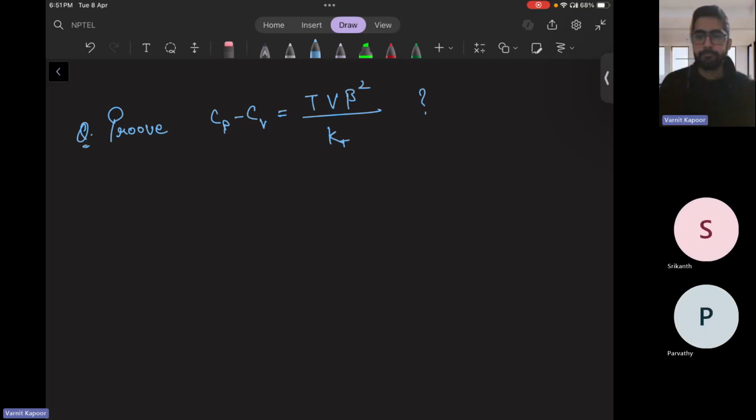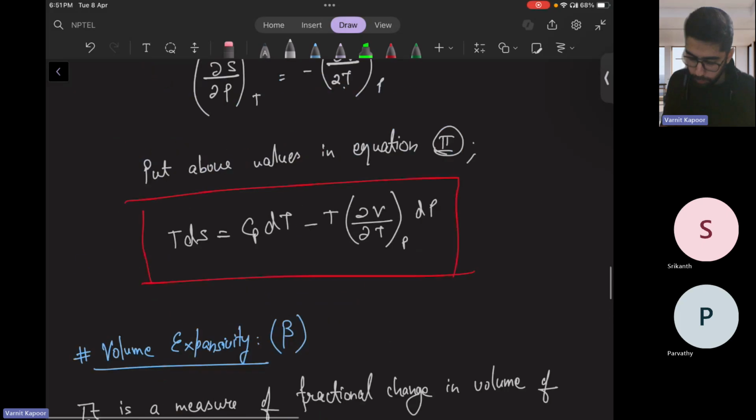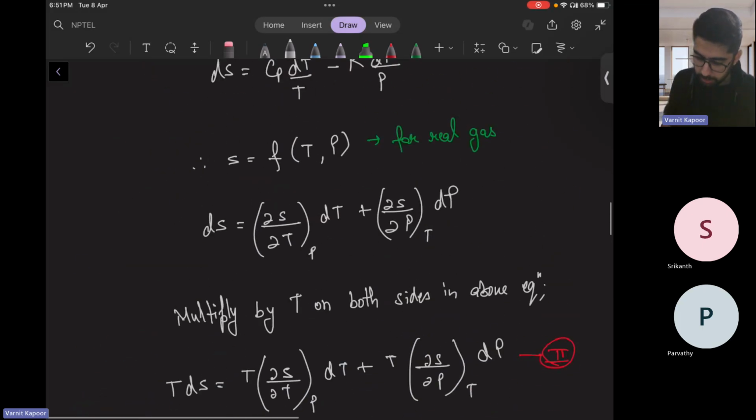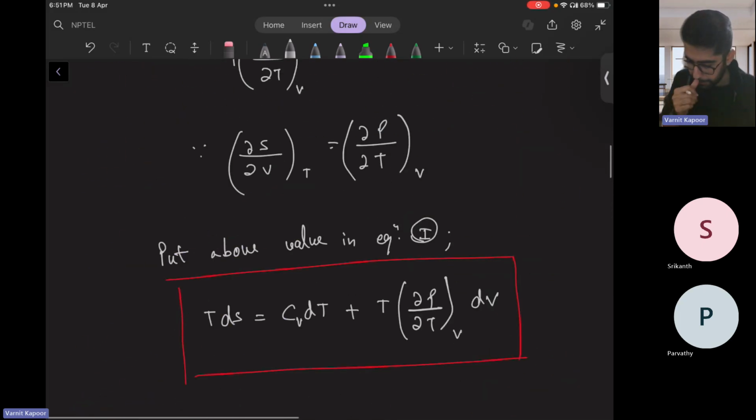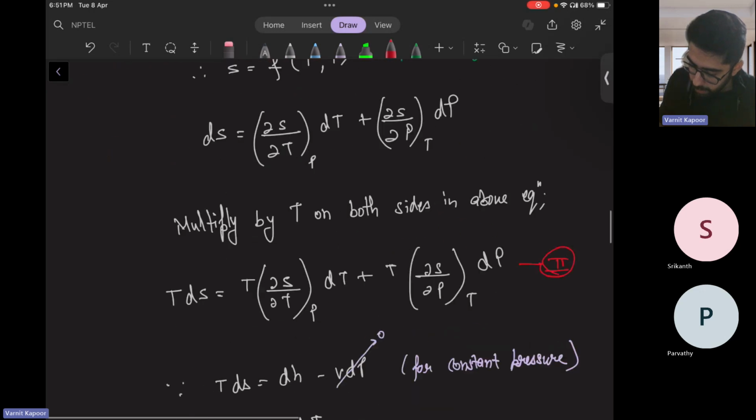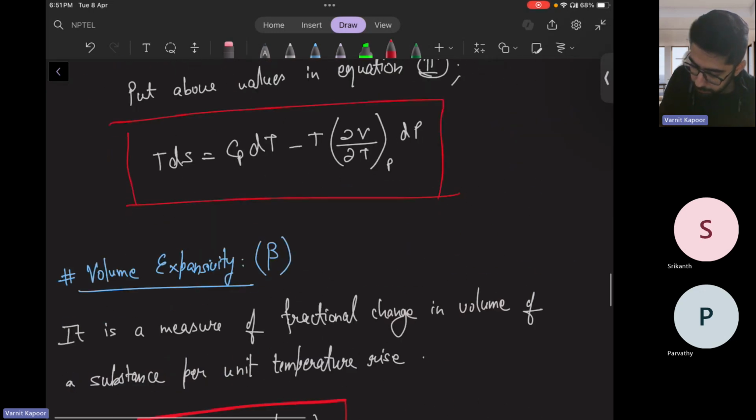All right, I guess a few of you have got it. So let us do the solution to this proof. We have derived two TdS equations. Let us use these equations. Let us say this is equation number 1, and this is equation number 2.